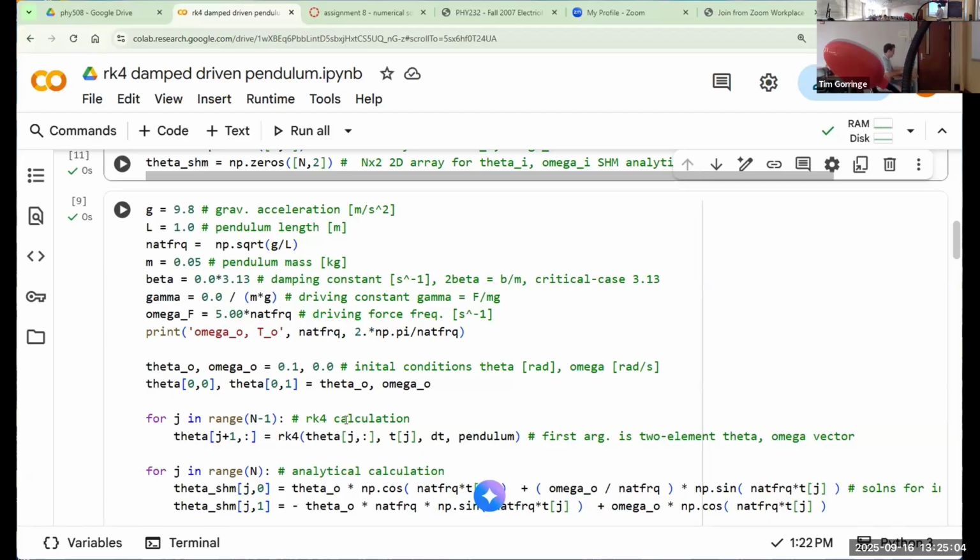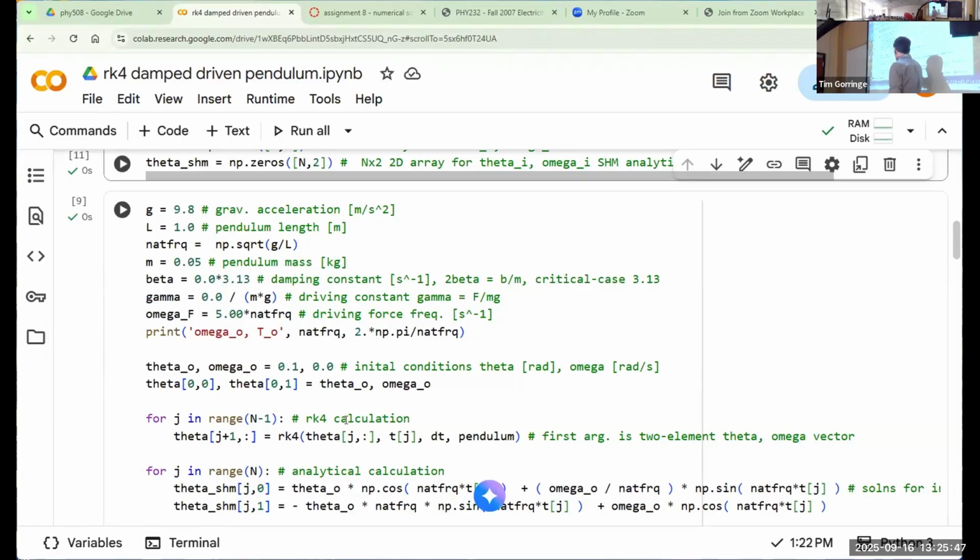And then the whole calculation, ironically, comes down to this pair of lines here. A for loop over all the time intervals, starting from the first one, where I initially know theta naught, omega naught, through all the remaining time intervals, in which I calculate the future value of theta from the current value of theta by calling the RK4 function, which includes the name of the differential equation we're solving.